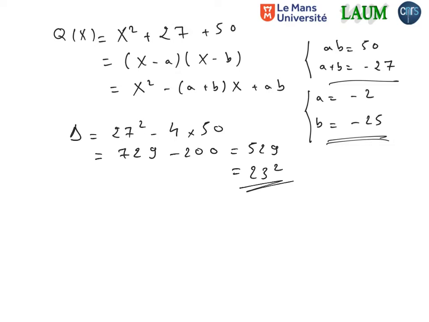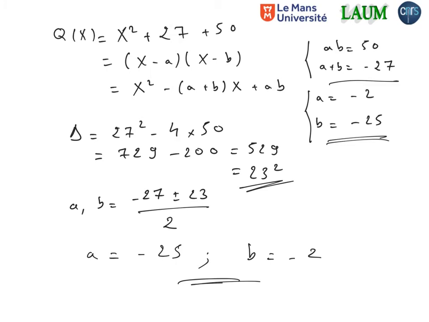So now I think that a and b are equal to minus 27 plus or minus 23 divided by 2. So minus 27 minus 23, this is minus 50 divided by 2, so I have a equal to minus 25, and for plus, minus 27 plus 23, this is minus 4 divided by 2, so b is minus 2, and then we obtain a and b as we have seen previously.